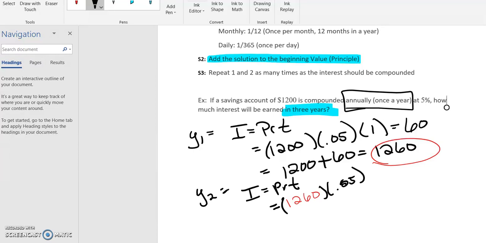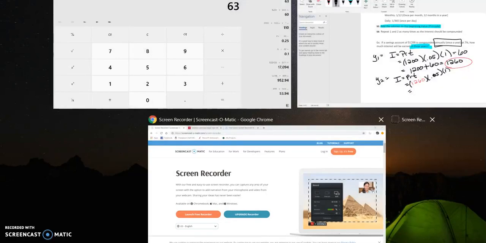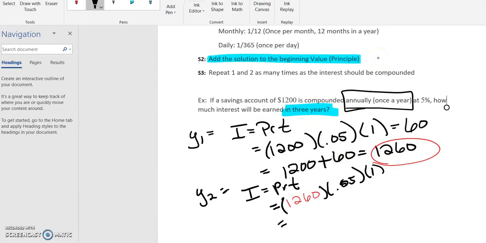And my time is going to be the same, so times 1. So that's going to be 1,260 times 0.05, which is going to give me $63 now. So it's a little bit more than it was before. So that's going to be 1,260 plus that 63, which is 1,323 for that second year.